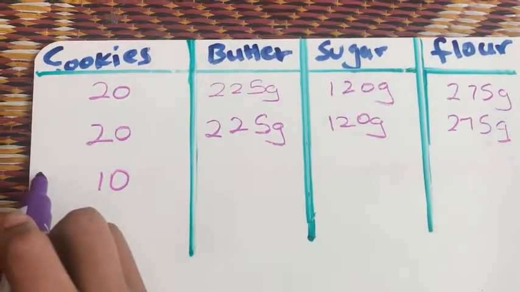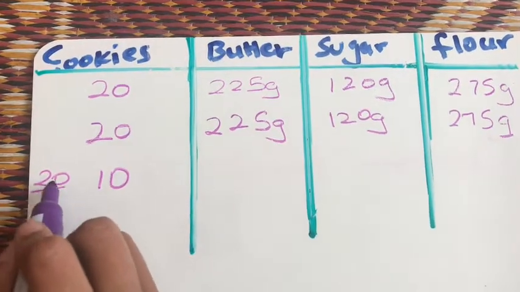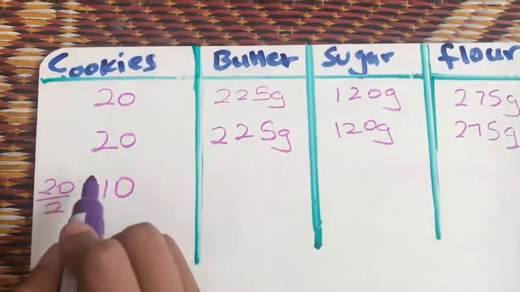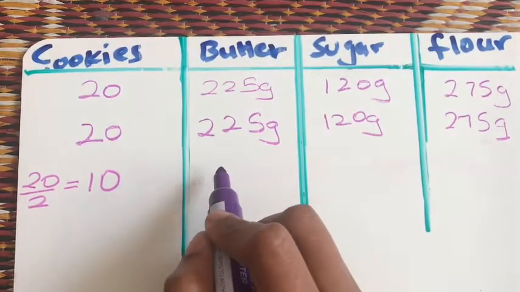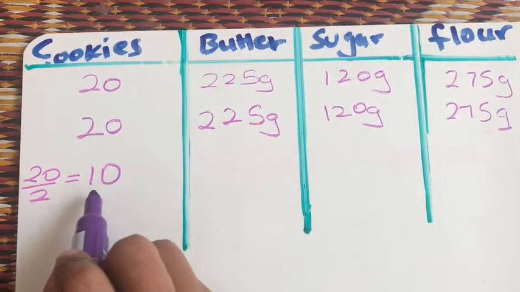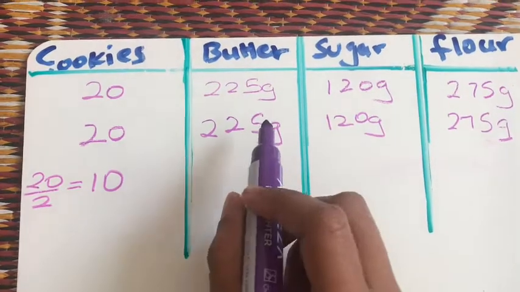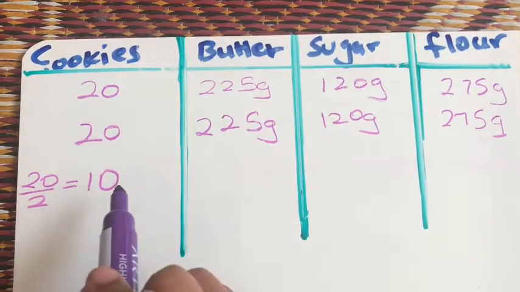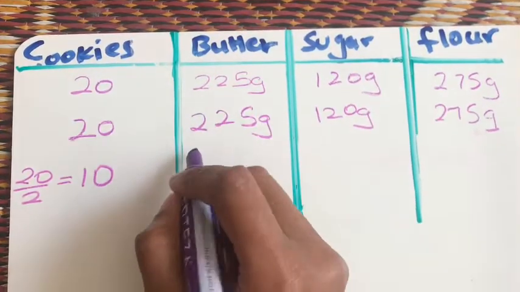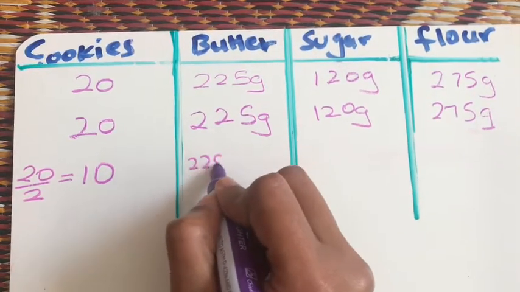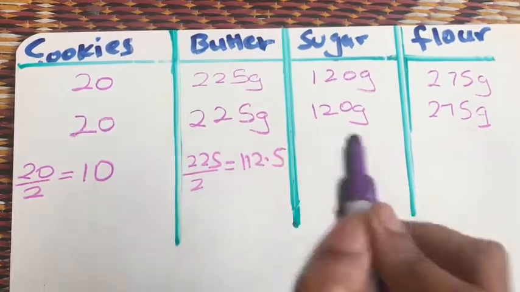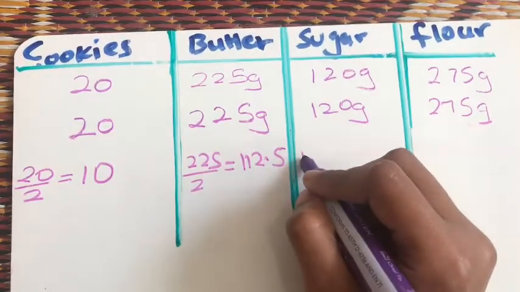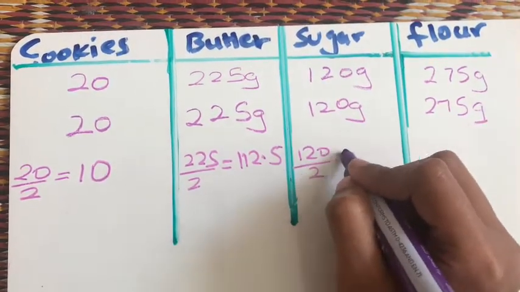10 is the same as 20 divided by 2, right? Because we had to get 10 cookies, but this is the ingredient for 20 cookies, we just need for 10. So we would do 225 divided by 2, which is 112.5. 120 divided by 2, which is 60.